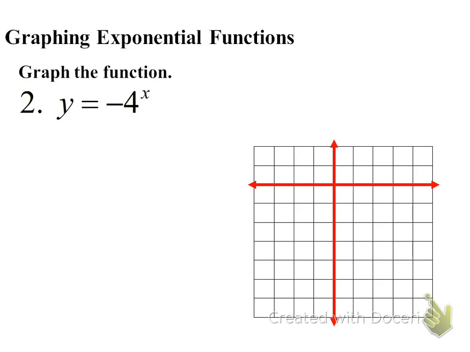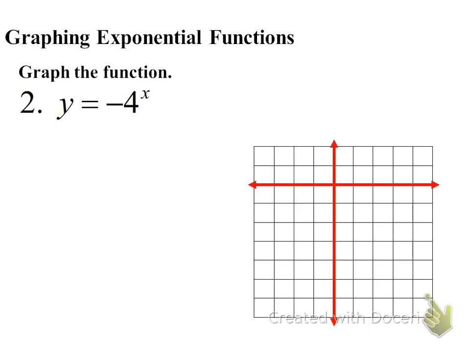All right, here's another one. Yes, in this case, our A value is negative 1. 4 is our B. So this is like negative 1 times 4. 4 is what you're taking to each exponent, and then you're making it negative.